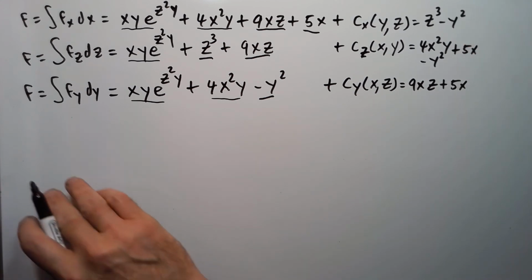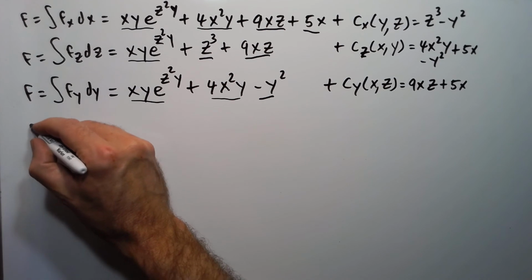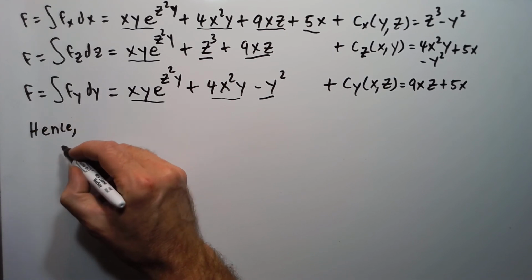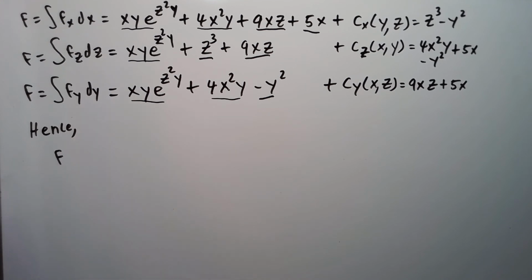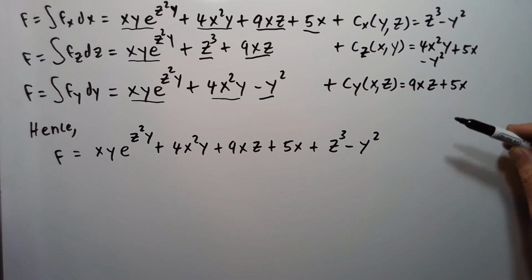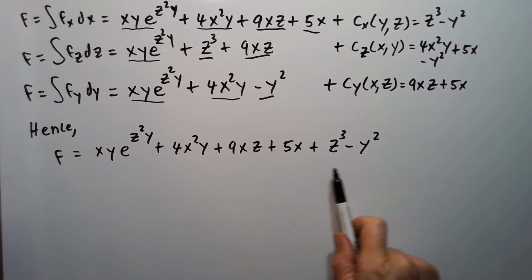Okay, so it looks like we're able to do it. So summarizing, I'm going to write down our final f here. Writing down my final f, I get this. At any point, if this had broken down, it would not be conservative. But here you see it didn't break down. We're able to find a solution. So therefore, our vector field is conservative.